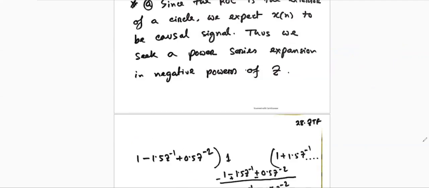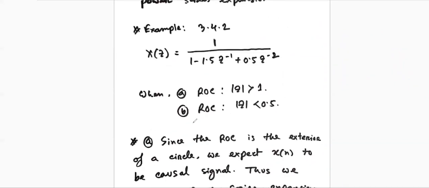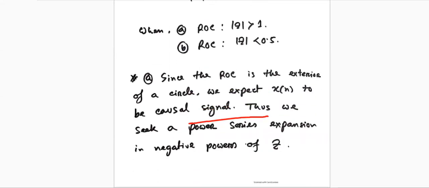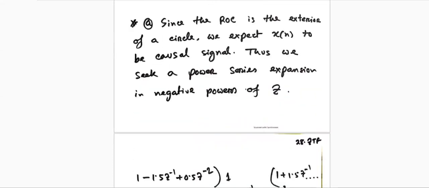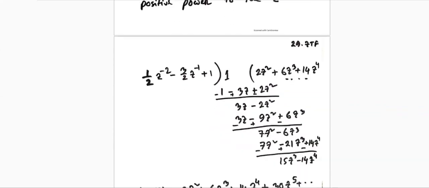Okay. If we look back to part B, what happens? This ROC shows that it is less than 0.5, so of course this is the interior. That is, this is an anti-causal sequence. If you want to express an anti-causal sequence, the power should be positive, because in that case n should be a negative number.